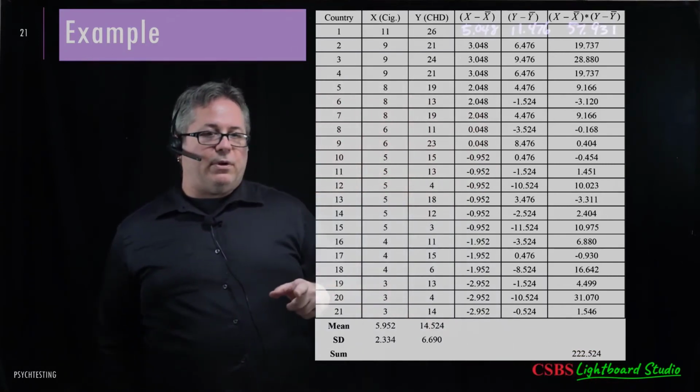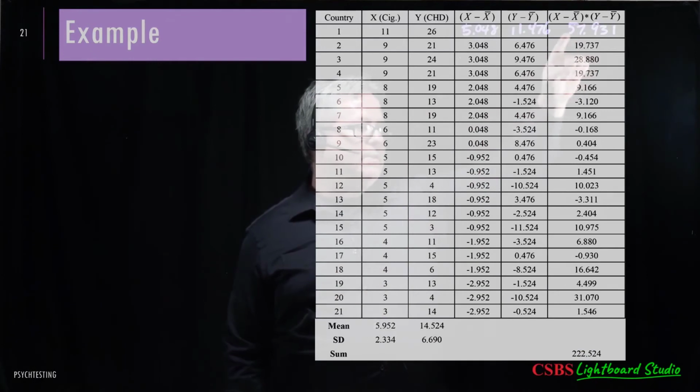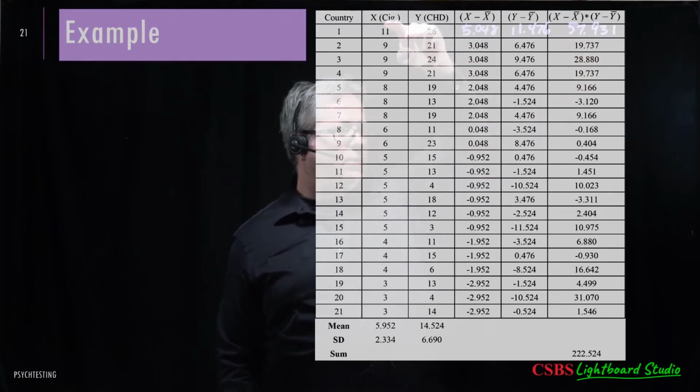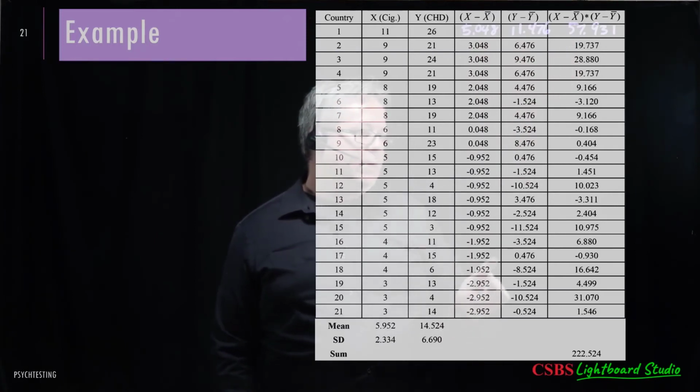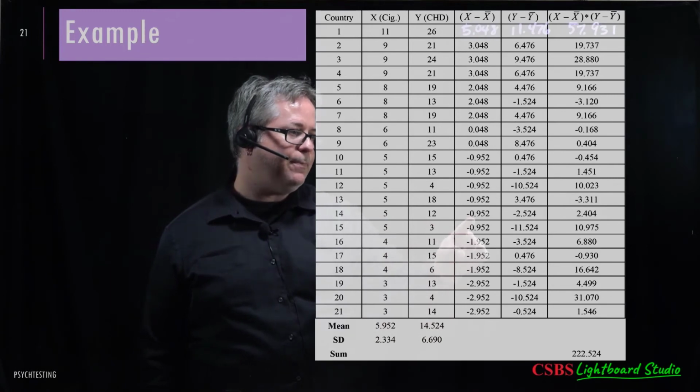Okay, so to reiterate, this is positive because both the cigarette consumption and coronary heart disease values are both above the means. So they're both positive. We multiplied, that's positive. Here, number 14, the cigarette consumption and coronary heart disease are both below the means, so they're both negative.